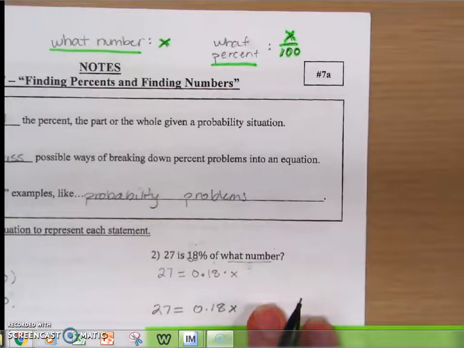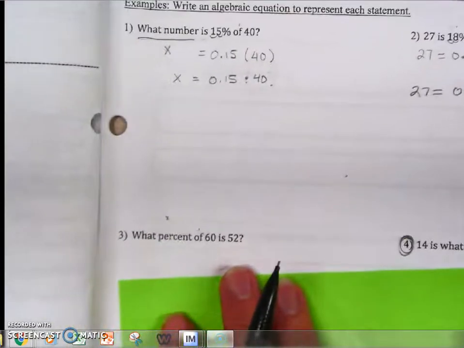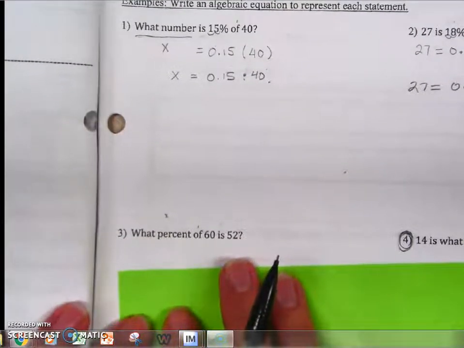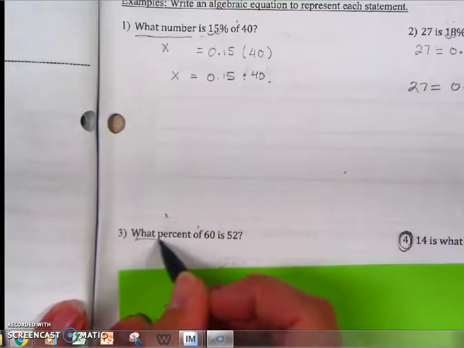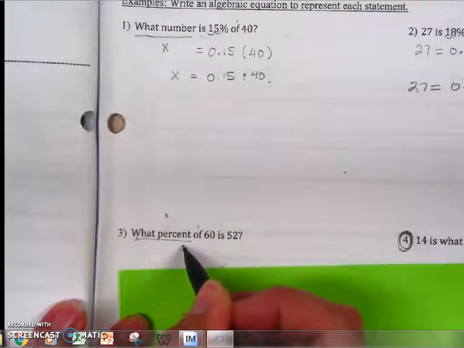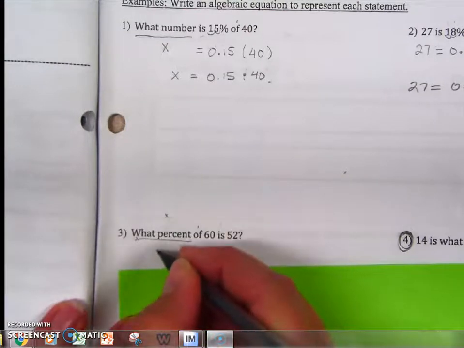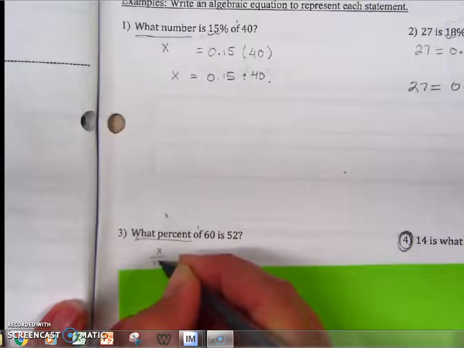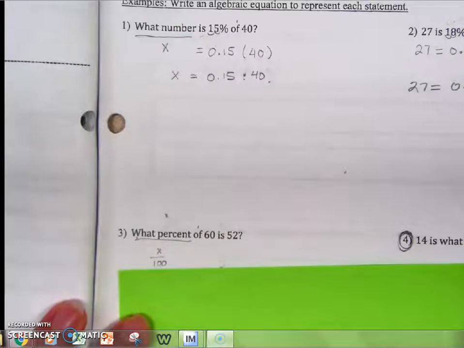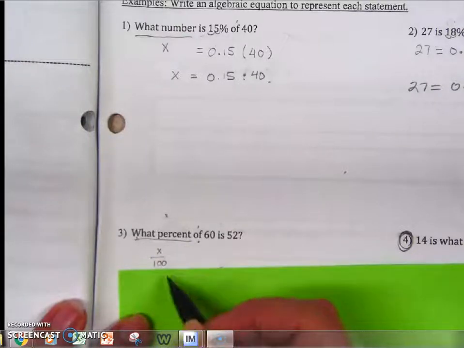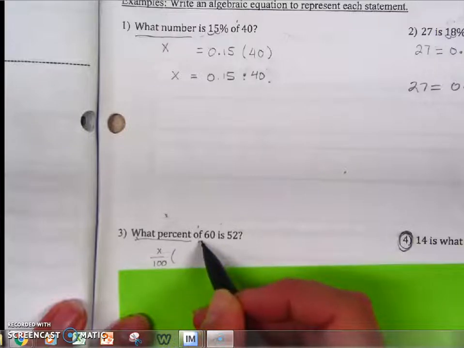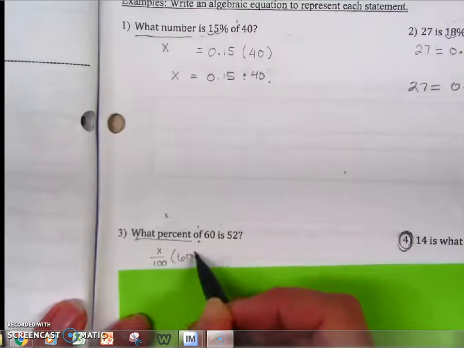All right, let's try number 3 together. What percent of 60 is 52? Well, let's think. What percent? Since that one says percent, and we know percents are out of 100, I would write that as X over 100. Of means multiply, so times 60.